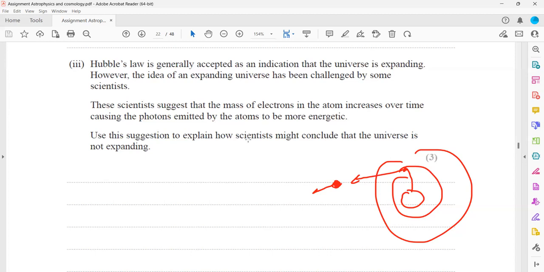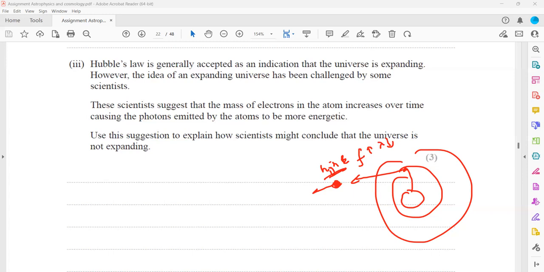Because the wavelength which we receive has a shifted wavelength. So we say that the objects are moving away from each other. The idea is that if the electron mass is increasing, it produces a photon of higher energy, higher frequency and shorter wavelength.